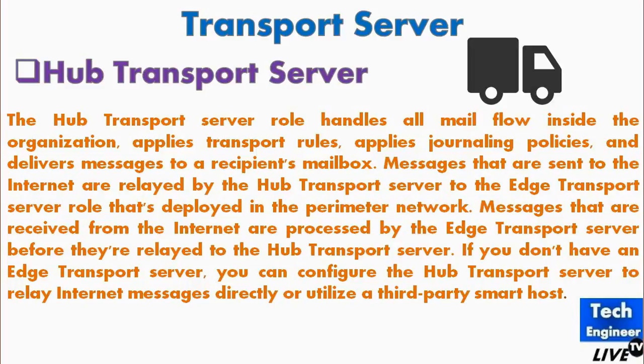The hub transport server will allow you to create mail inside the infrastructure environment, inside the Active Directory environment. And if you connect the edge transport server, it will allow you to send mail outside your environment, or you go with relaying internet messages via a smart host.